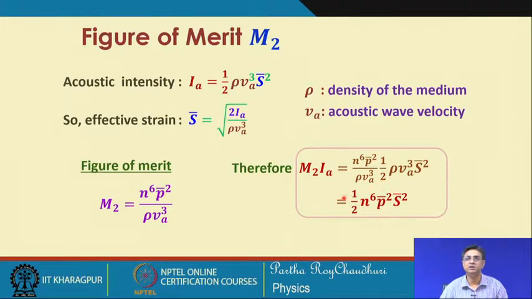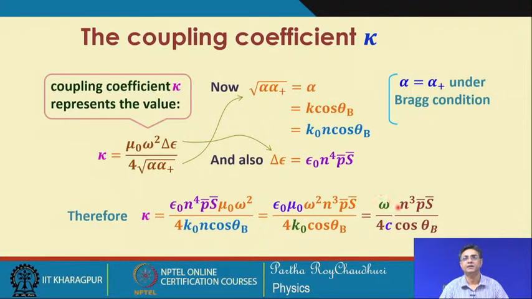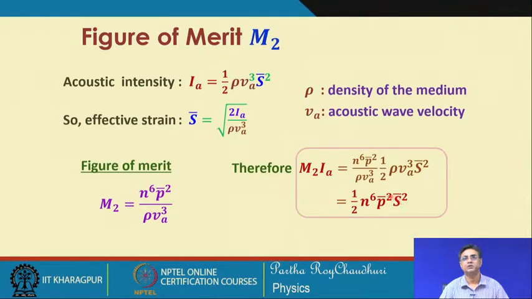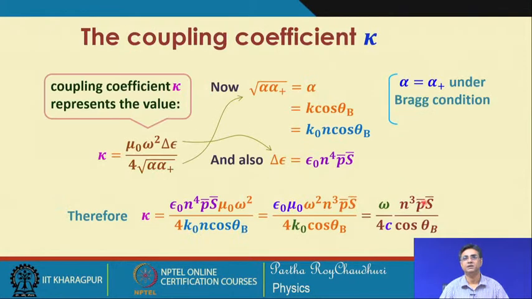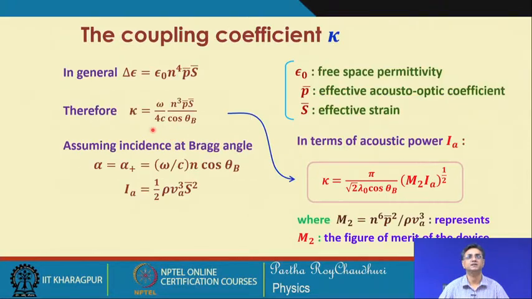That is very useful, because this n cube p bar and s bar appear in the coupling coefficient. So, twice of M 2 I a under root of that will represent the part of the quantities appearing in the coupling coefficient. So, that is the intention.